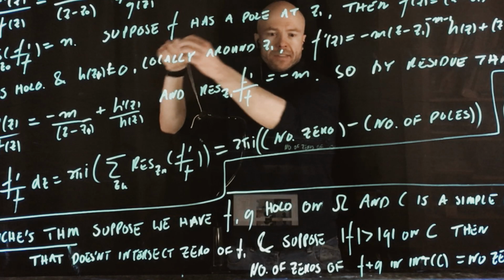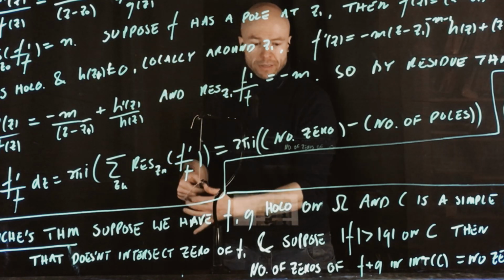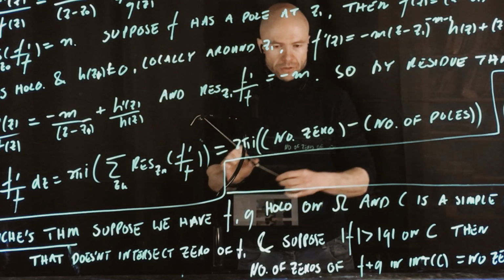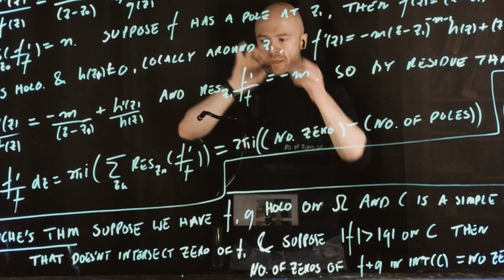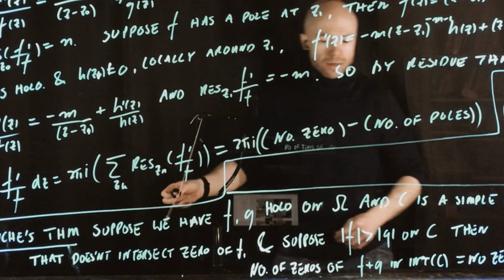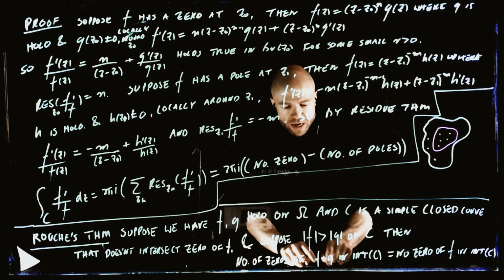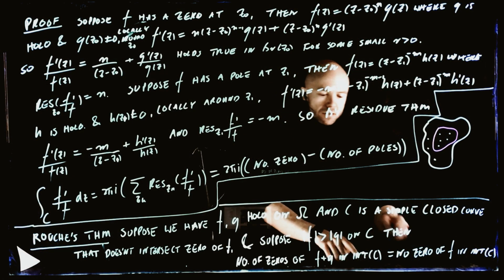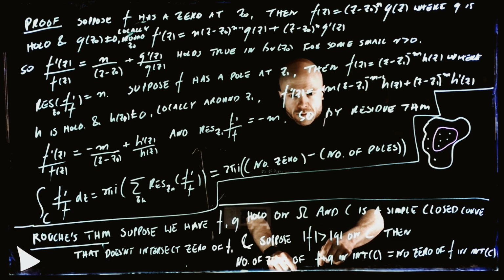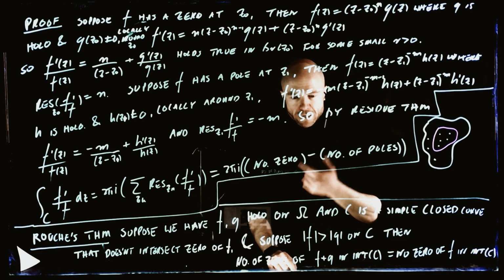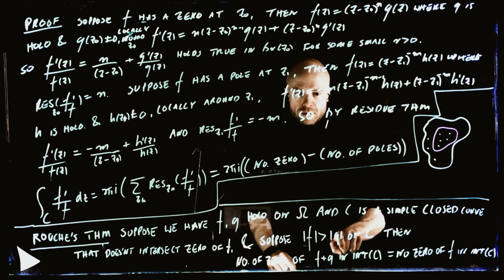Geometrically speaking, we would expect that the amount of wrapping around F plus G does should be the same as that of F, just by visualizing what this hypothesis implies.